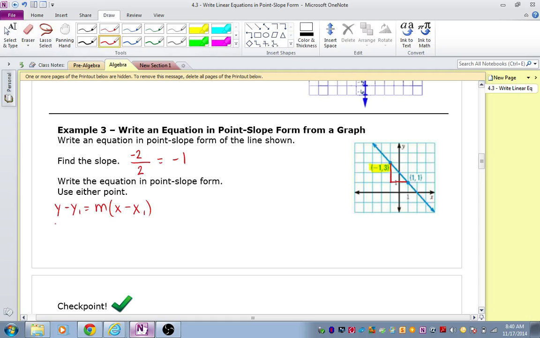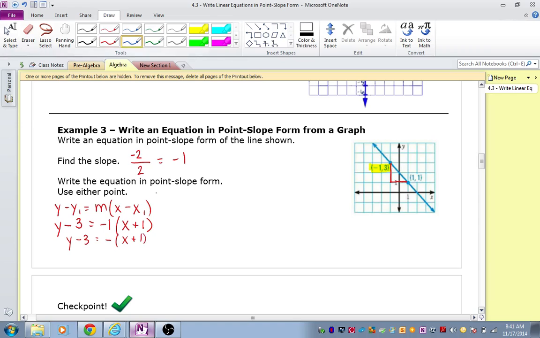So we're going to say y minus, our first y is 3, so y minus 3 is -1 times x minus, and it's a -1, so minus a -1 would become a +1. And once again, we don't like writing that -1 out front. We don't need it. So we do y minus 3 equals negative x plus 1.